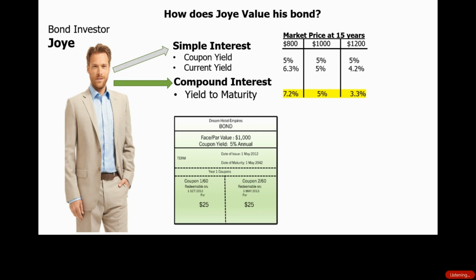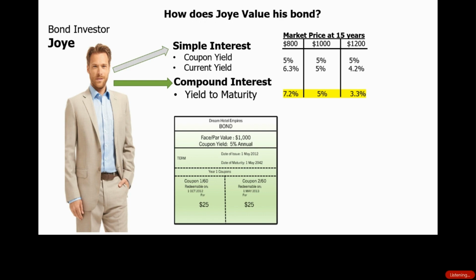The $1,000 bond is going to give you a 5% return, and the $1,200 bond is going to give you a 3.3%, which is significantly lower. That is 1.7% lower than what you would be expecting if you were just looking at the coupon itself.